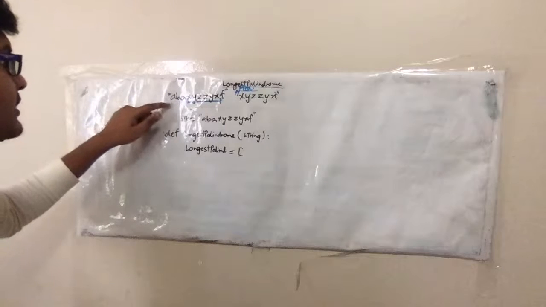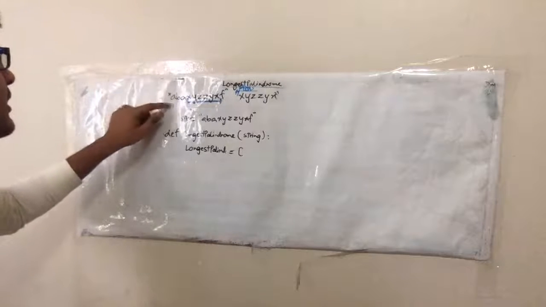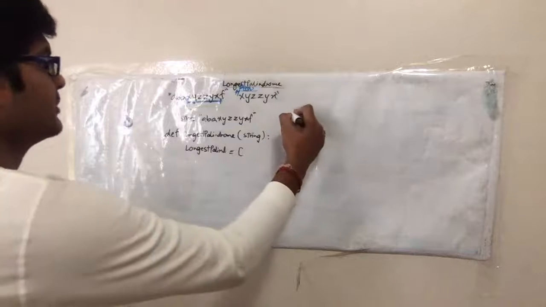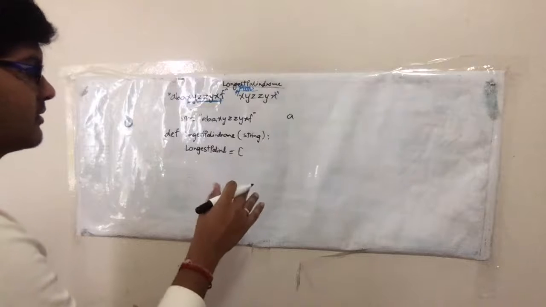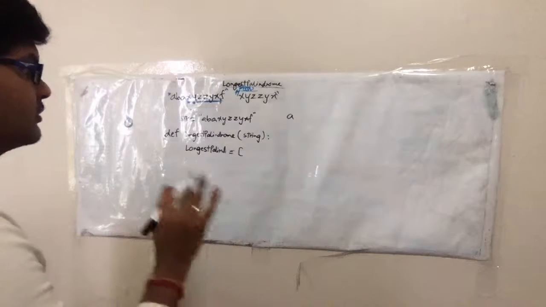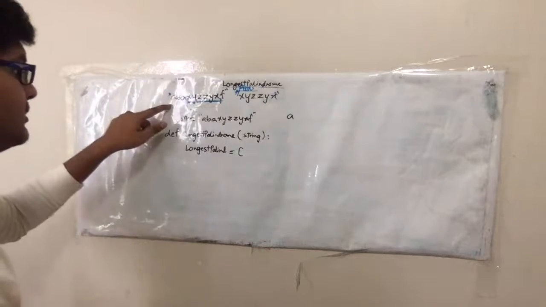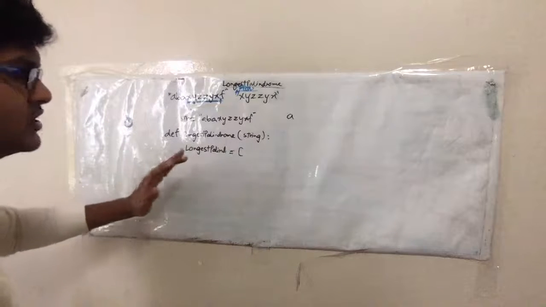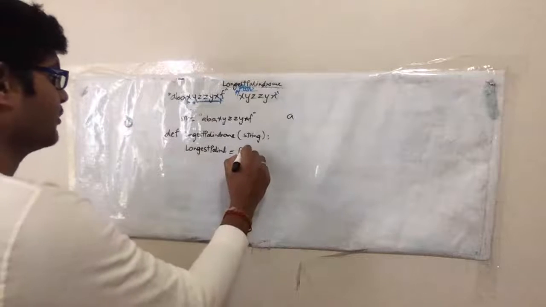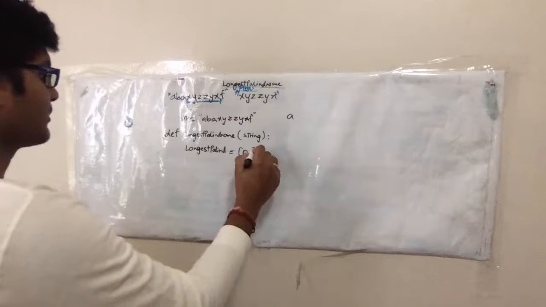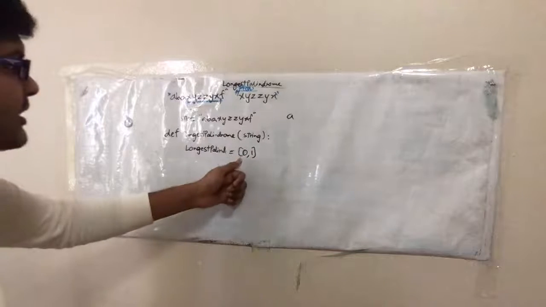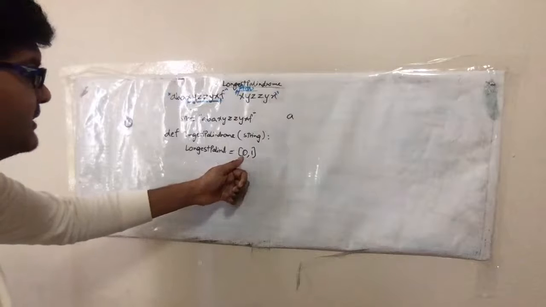As we know, for example, A is always a palindrome, because if you reverse it, it will be A, and it is a palindrome. So start with that. The longest palindrome, we initially take as index 0 and 1. You can think of this as left index and right index.